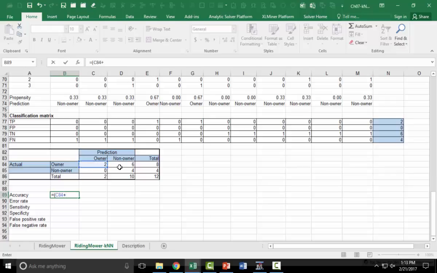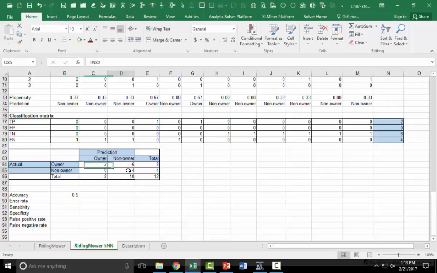That plus that divided by the total would be the accuracy rate. The error rate would be 1 minus that.